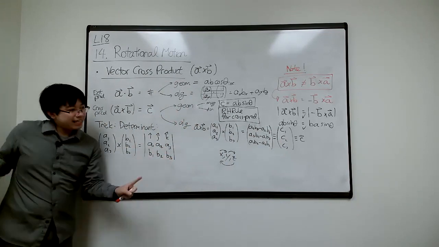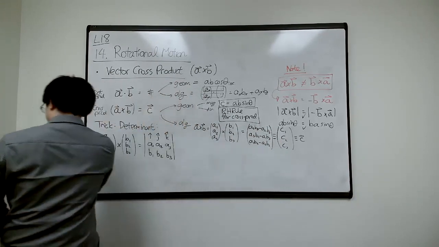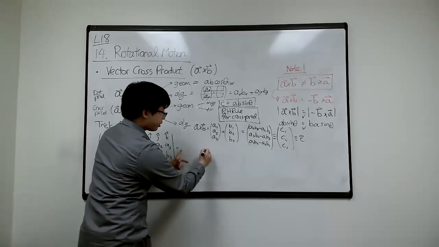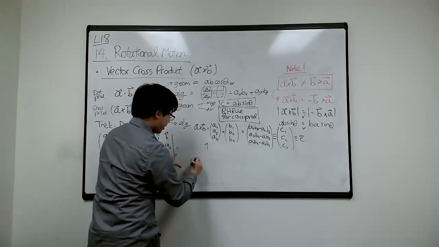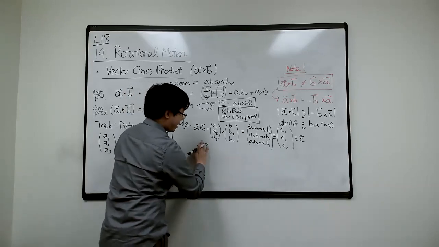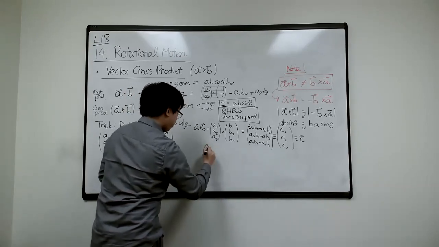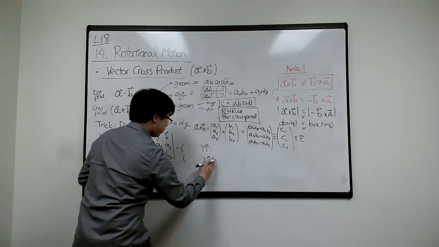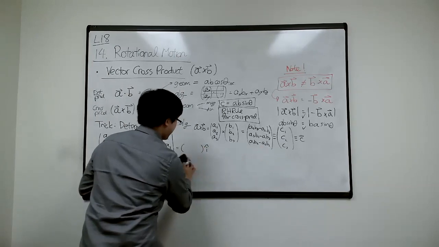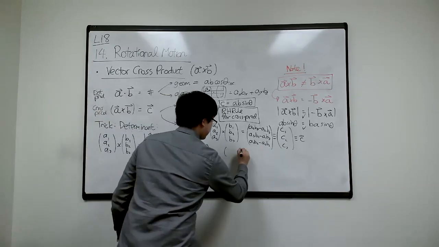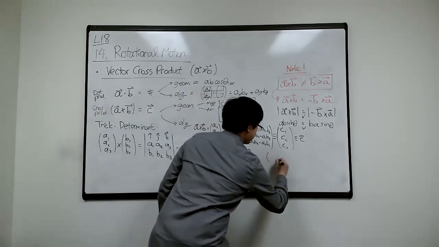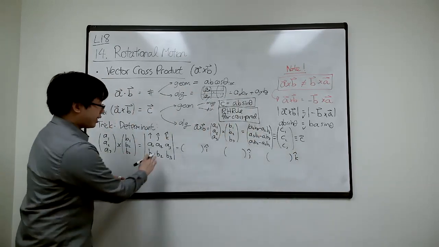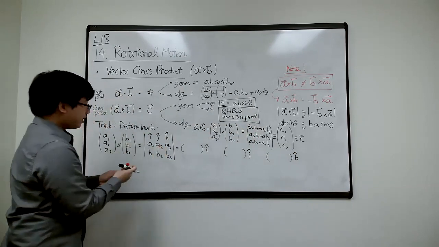I'm sure everyone can do this step, piece of cake. The next part is the tricky part. At the end, you will produce something with ijk. So what is the i component? What is the j component? And what is the k component? That's the question. So the trick is this.